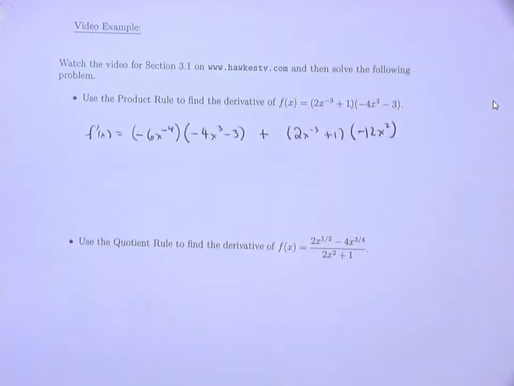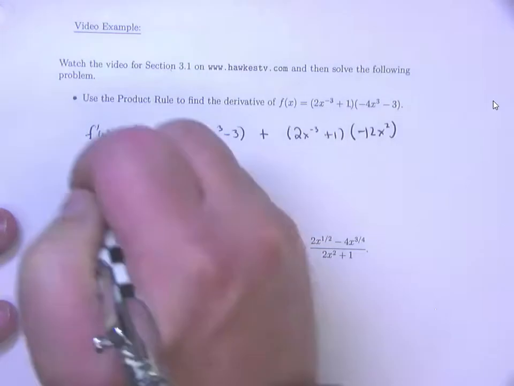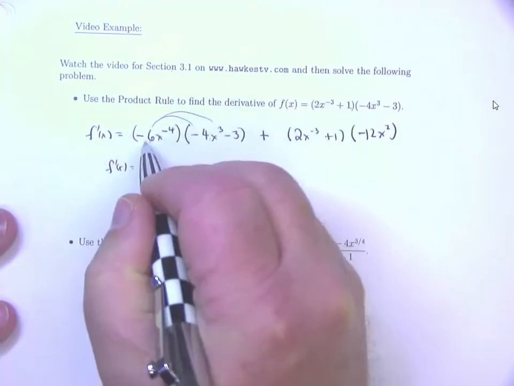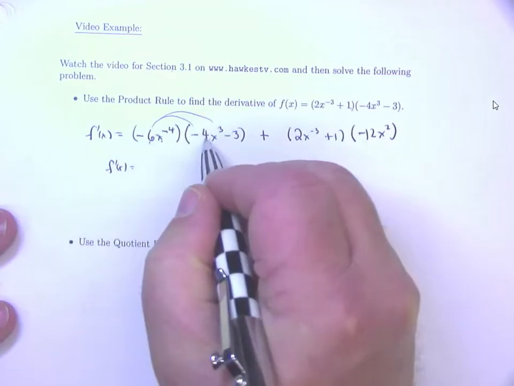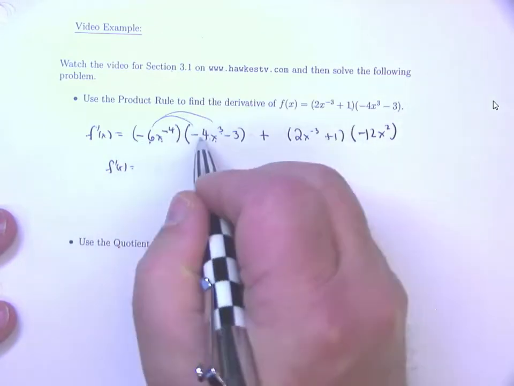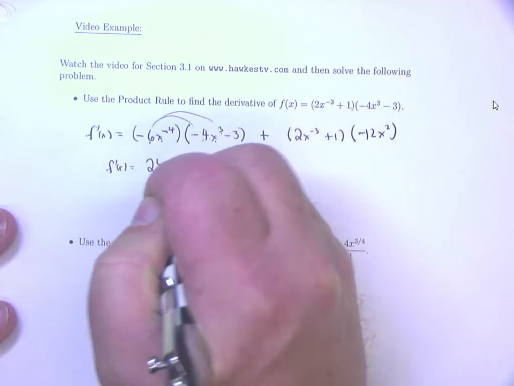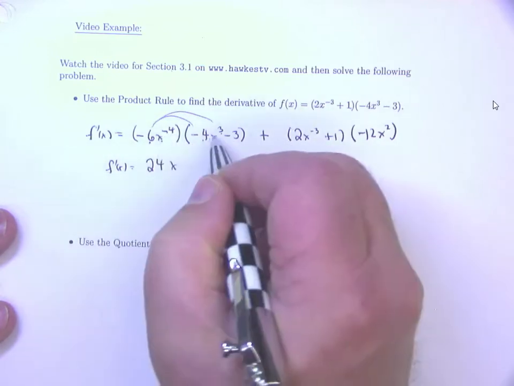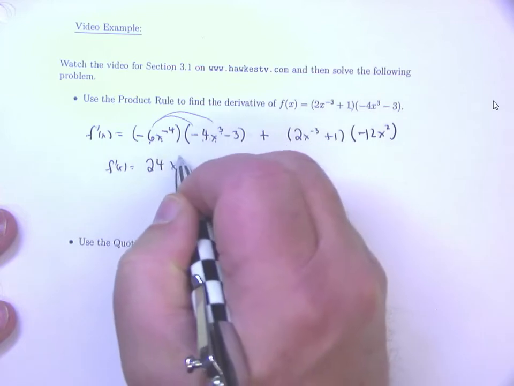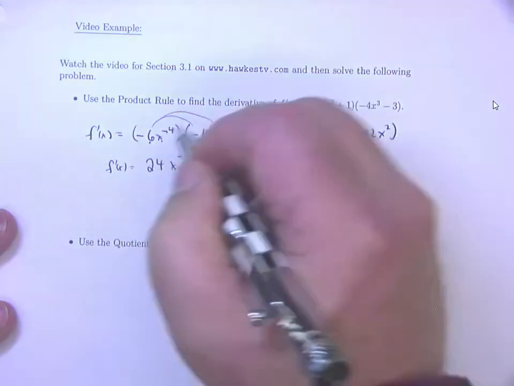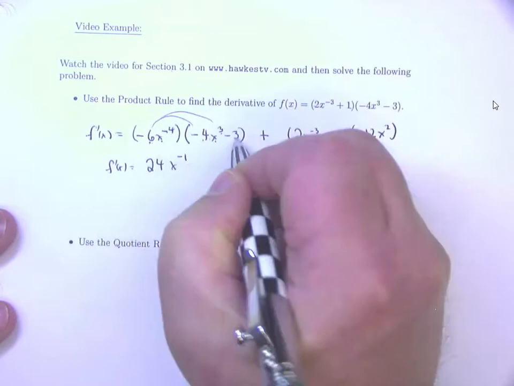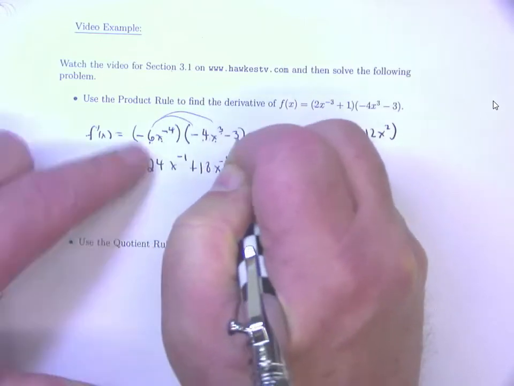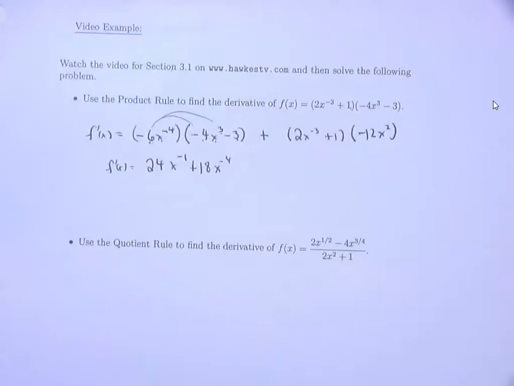Now, if I clean this guy up, which you're going to have to in your future, I'm going to distribute this. Negative 6x to the negative 4 times negative 4x cubed. Negative 6 times negative 4 is what? 24. When you multiply x to the negative 4 times x cubed, you add exponents. That'll be x to the negative 1. And then negative 6x to the negative 4 times a negative 3 becomes plus 18x to the negative 4. Just multiply the constants and leave that x to the negative 4.